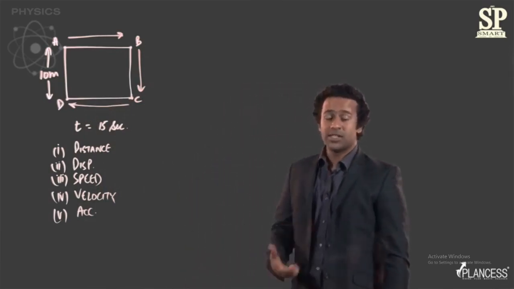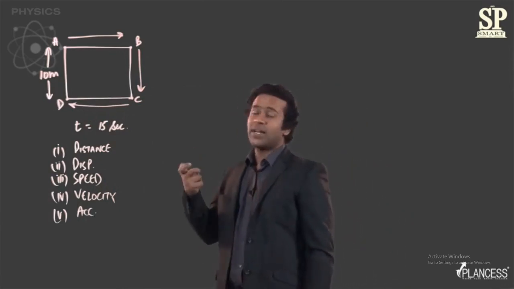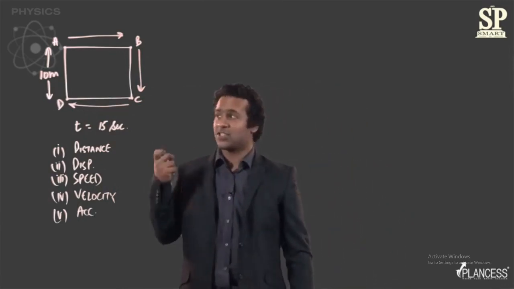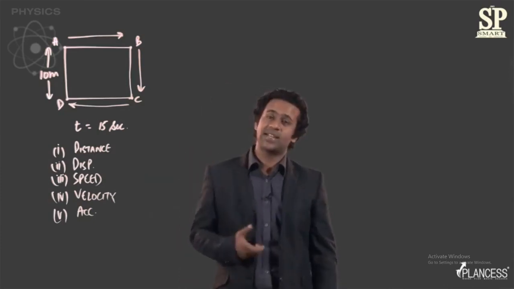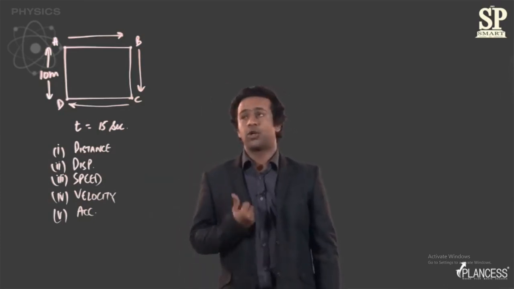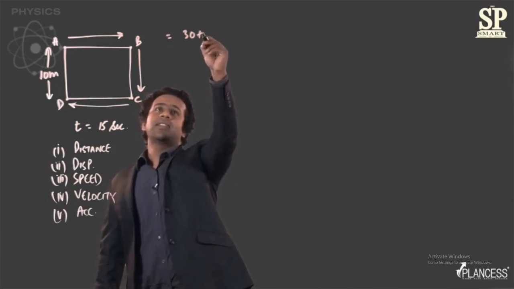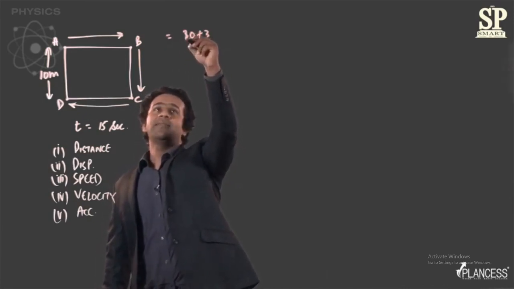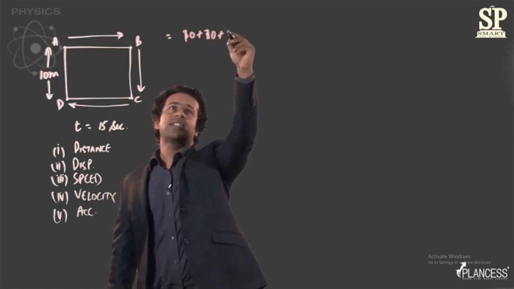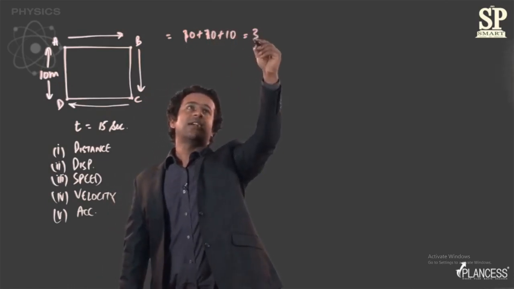Now since it is given that this quadrilateral is a square, we can say that all its sides are 10 meters. So the total distance would become 10 plus 10 plus 10, which is 30 meters.